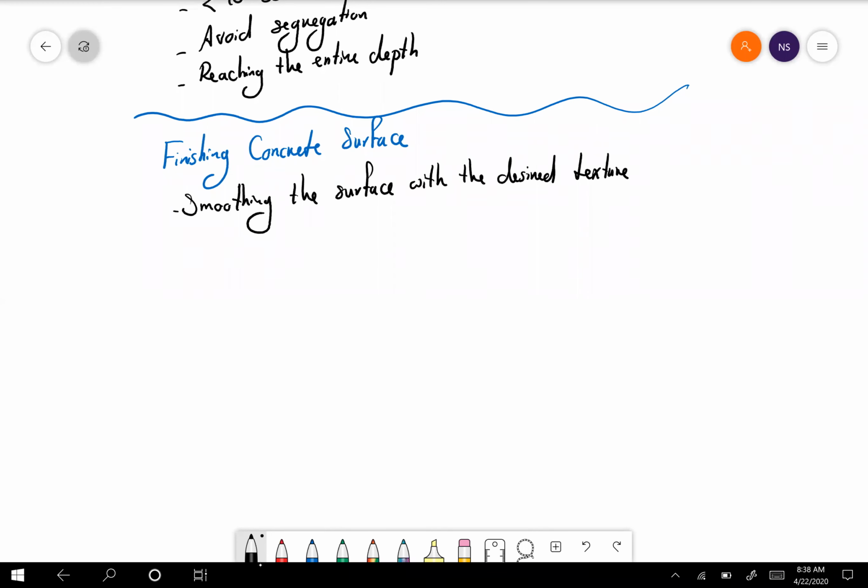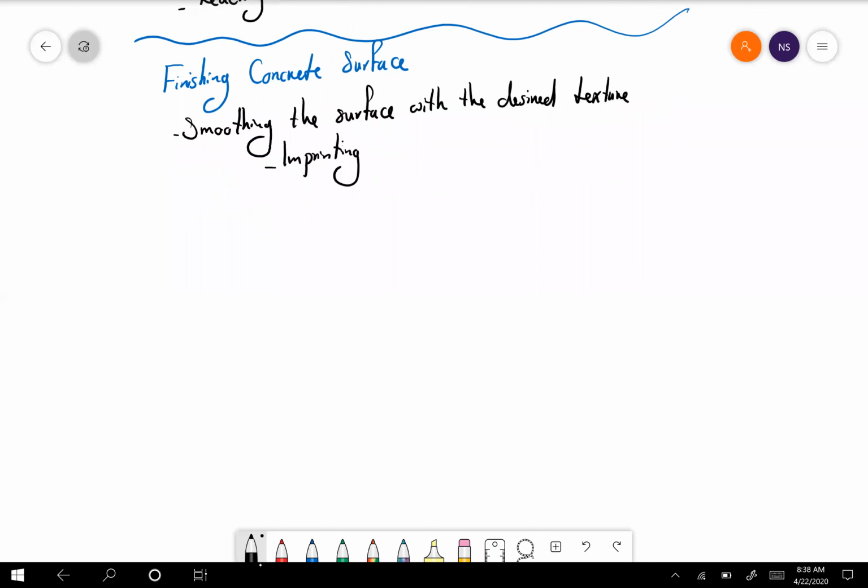So also the imprinting, in most of the exposed surfaces, you can do that. And this must be done before the final set process.